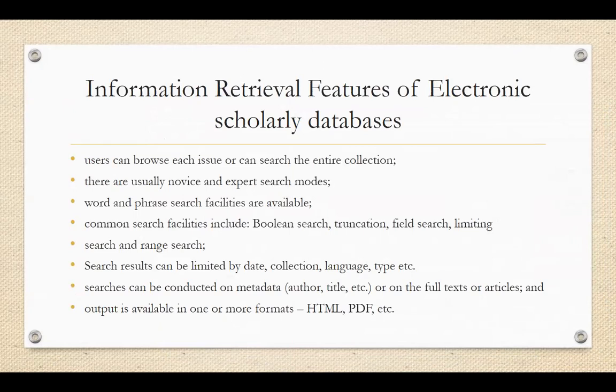Now moving on to the retrieval features of electronic scholarly databases. First we will understand what a scholarly database is. A scholarly database is a collection of the scholarly output of researchers.